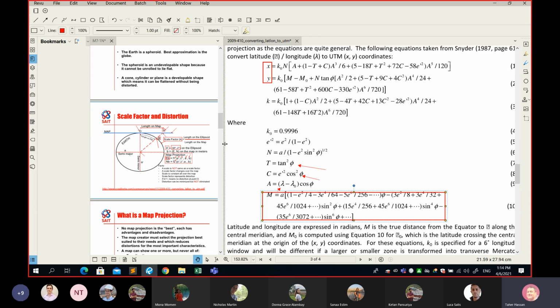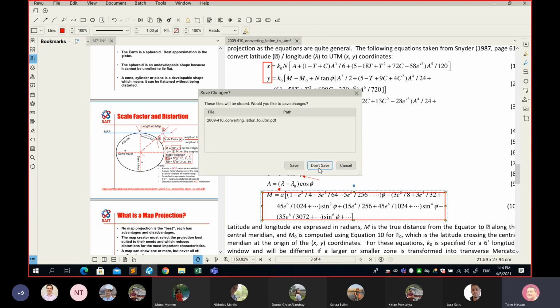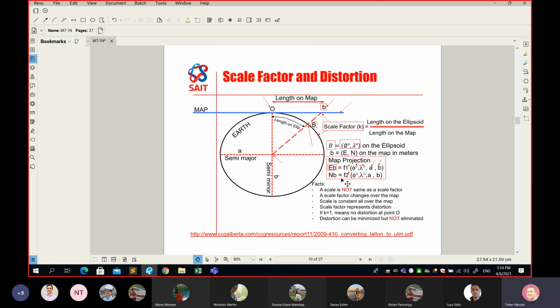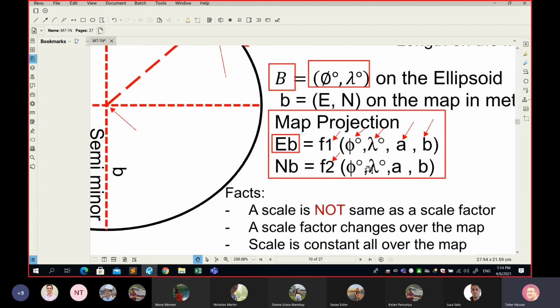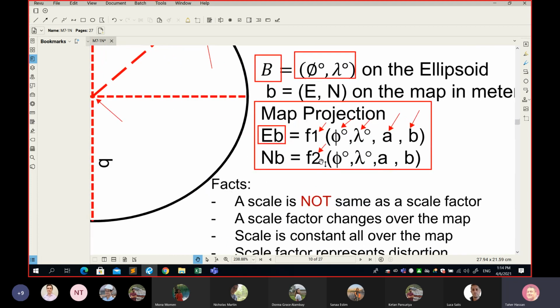But again, Tahir, do we have to understand that? Do we have to do that? The answer is no. Good news, huh? No. Why is that? Because simply ArcGIS stores and programs all those functions, and simply it can do that for you. What you really have to do is know the concept of map projection, but you don't have to really understand how F1 and F2 look like.